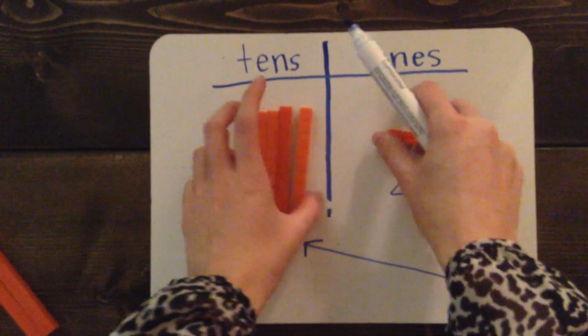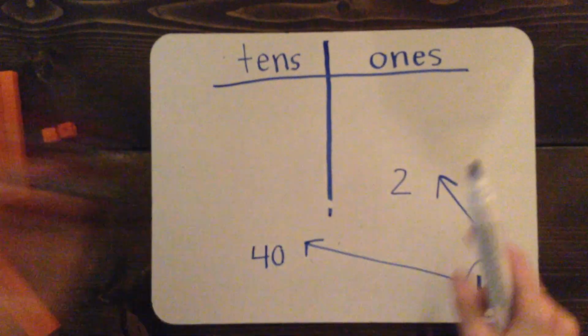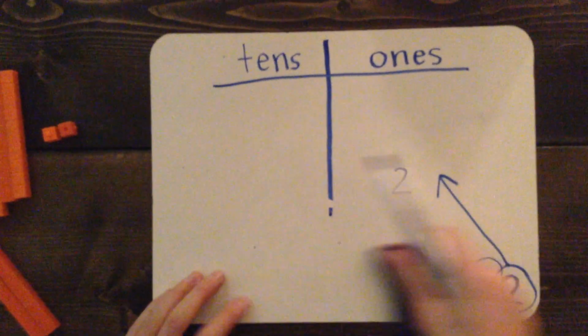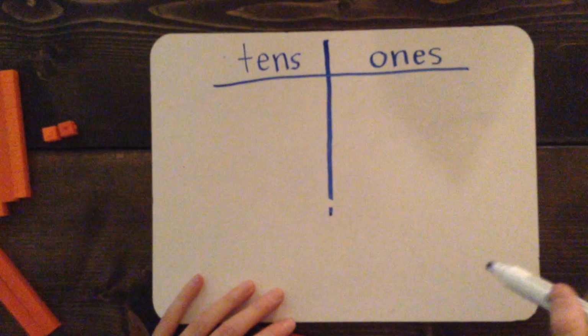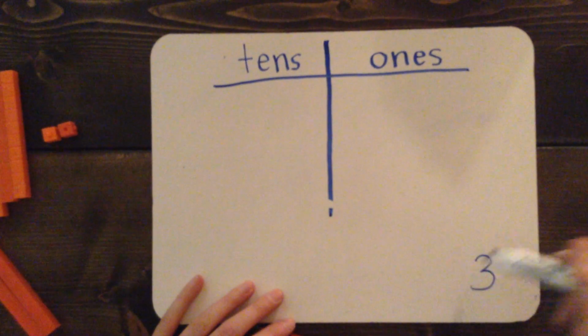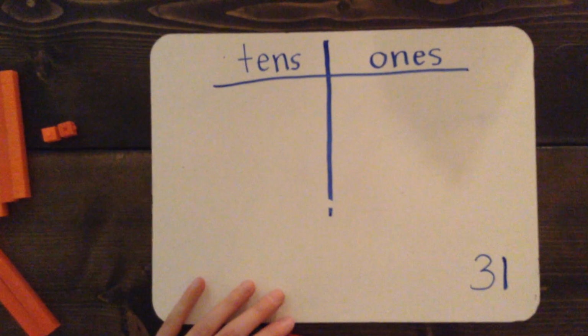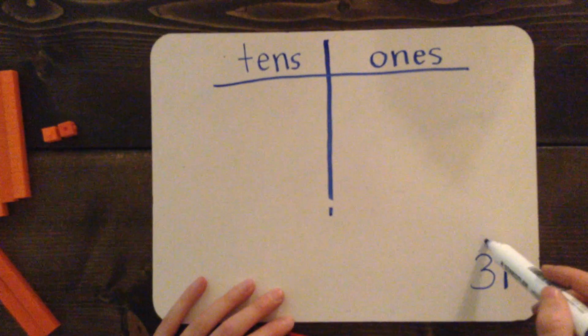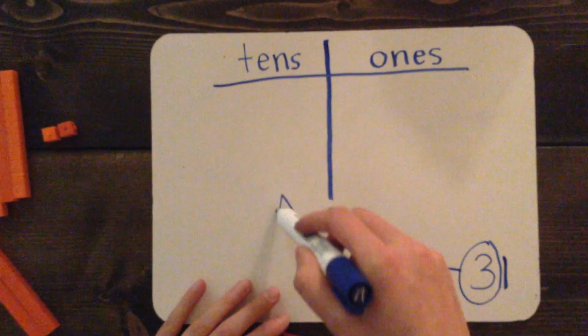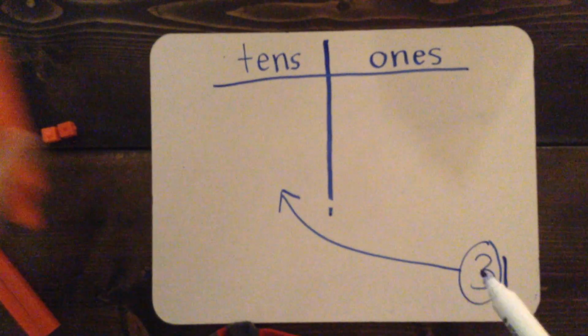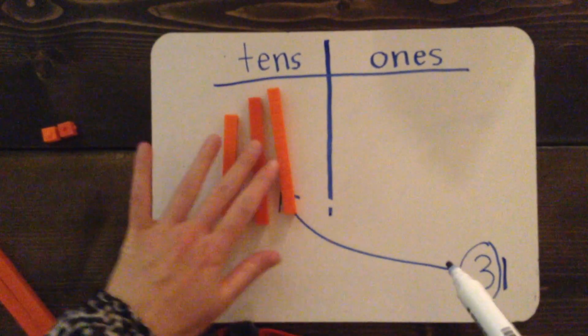Let's try another number. This time, let's make the number 31. To make the number 31, you need to pay attention to how many groups of 10 you will need. In this case, you need 3 groups of 10. The number 3 does not actually mean 3 though.